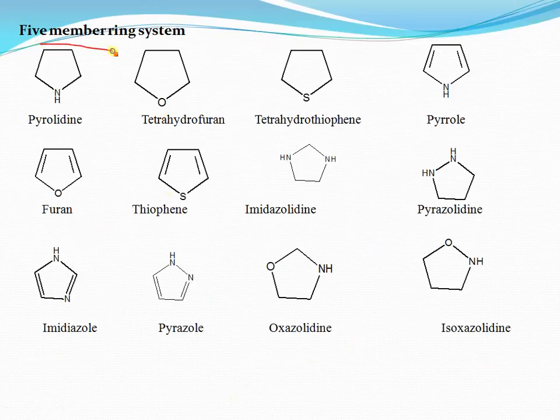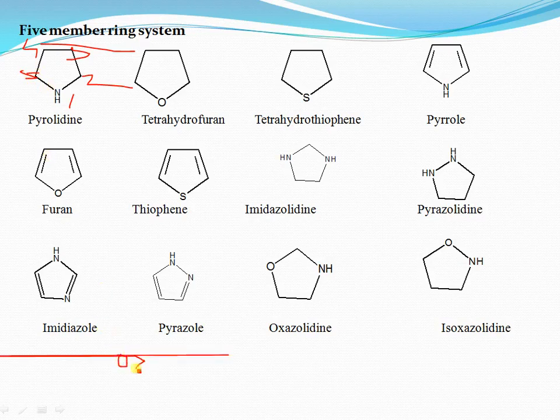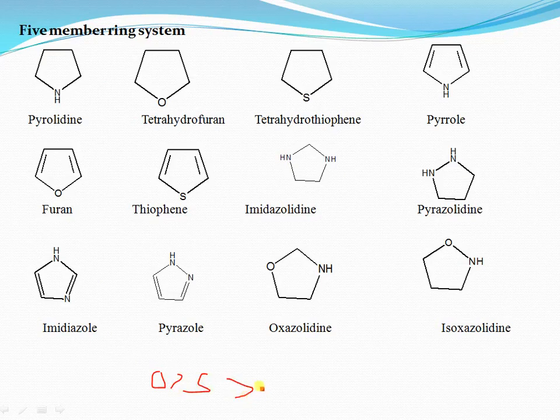Next one is the 5-member ring system. It is again 1, 2. Numbering always starts from the heteroatom. If 2 heteroatoms are there, O is the first, then S, and nitrogen is the last.